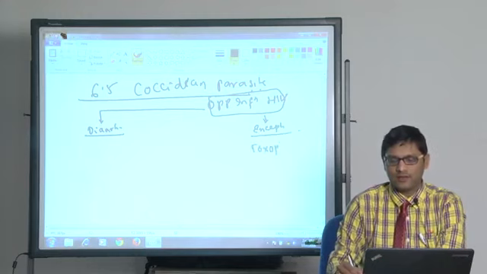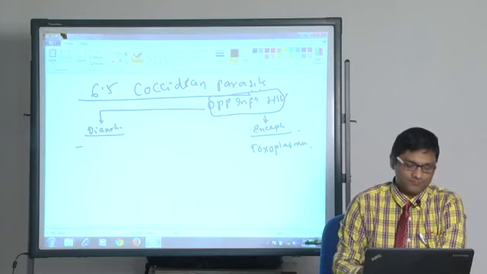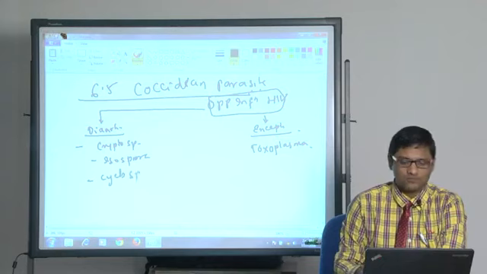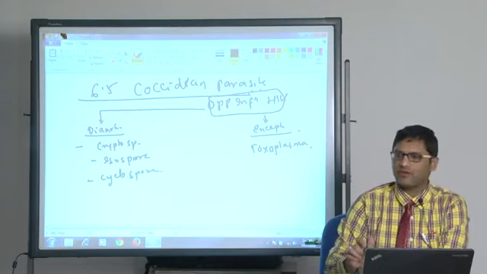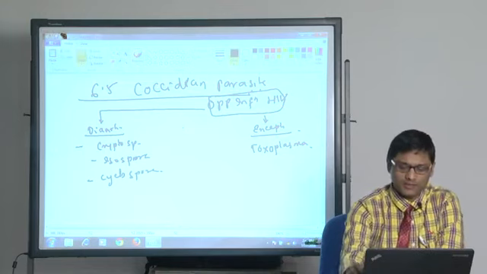Opportunistic encephalitis is caused by toxoplasma, whereas diarrhea is caused by cryptosporidium, isospora and cyclospora. So, these are the general important members of coccidian parasite.